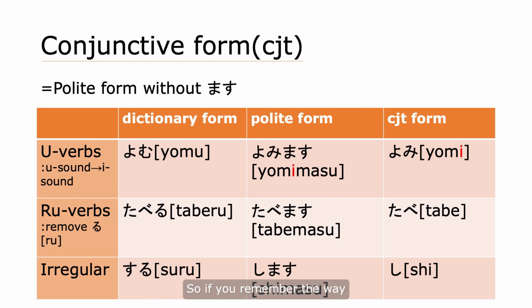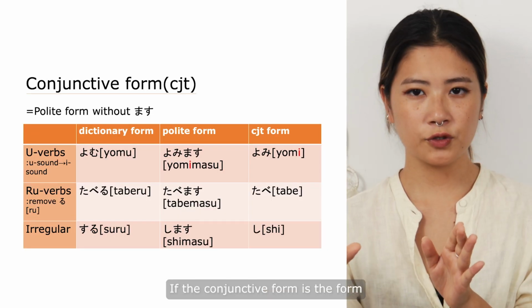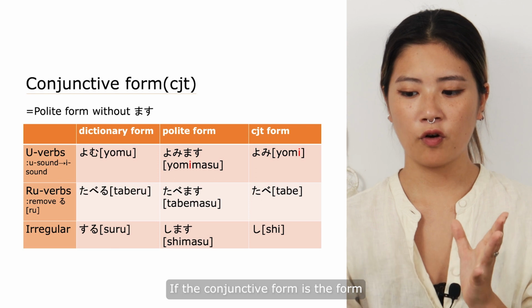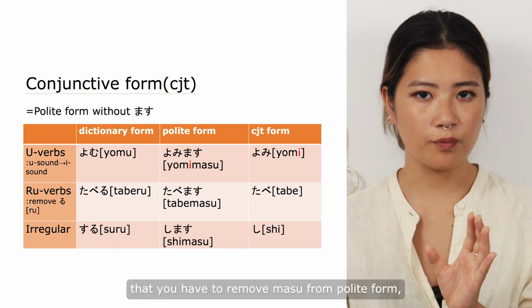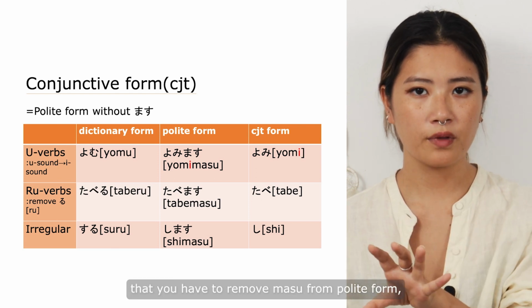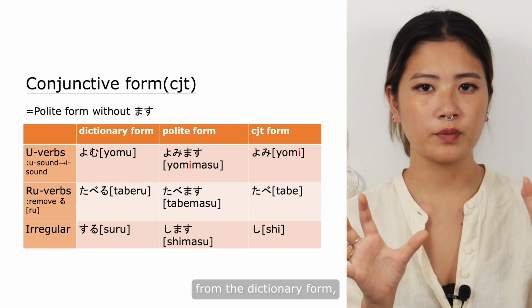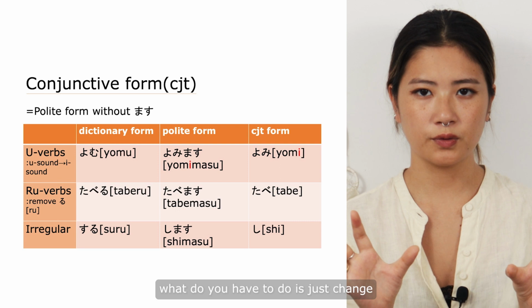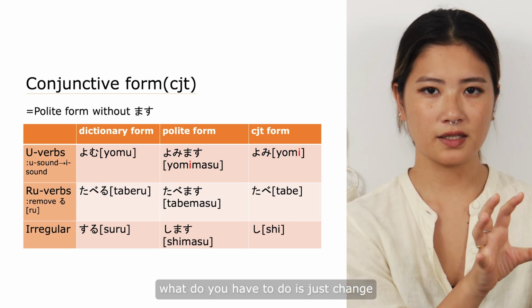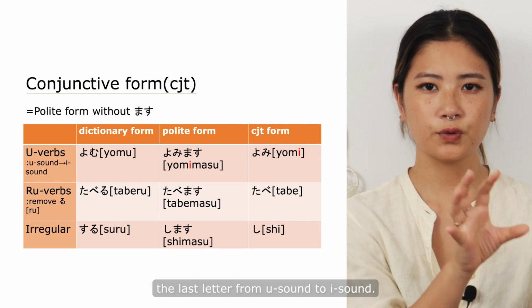If you remember, the way to change dictionary form to polite form was, if it's a u verb, you change the u sound to an i sound, then add masu. And if the conjunctive form is the form where you remove masu from the polite form, then to make the conjunctive form from the dictionary form, you just change the last letter from the u sound to the i sound.